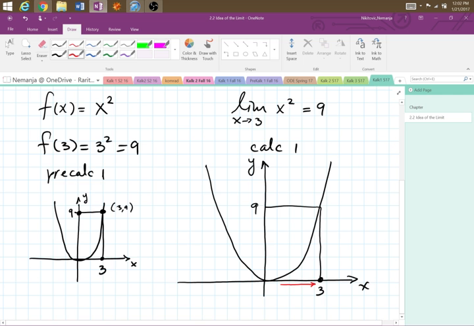So now you say, all right, what is happening on the graph? Well, you will be actually on the graph experiencing this motion. Because if you're here, then you're there. If you're here, you're there, and so on.